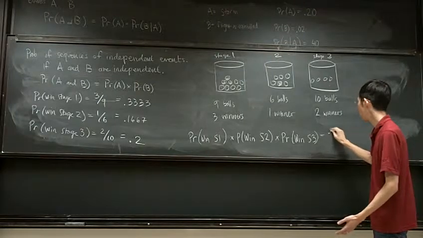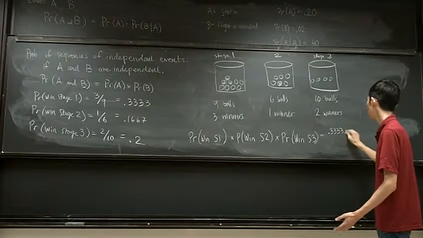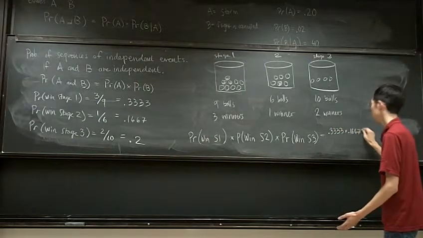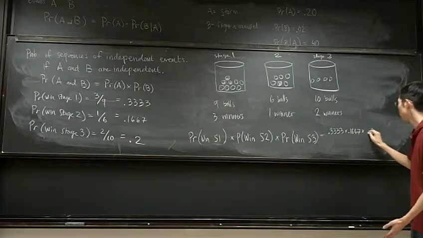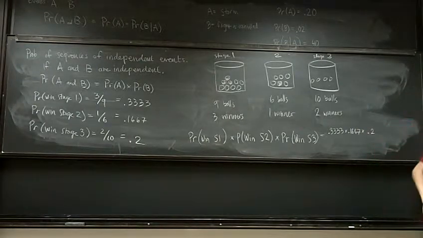So I do 0.3333 times 0.1667 times 0.2, or actually it's not 1 out of 36, it's even smaller than that. Alright, let's see.